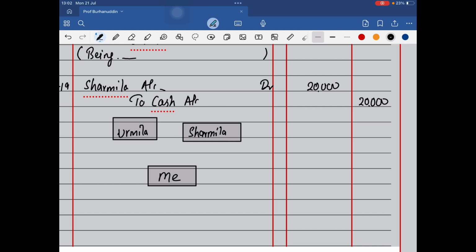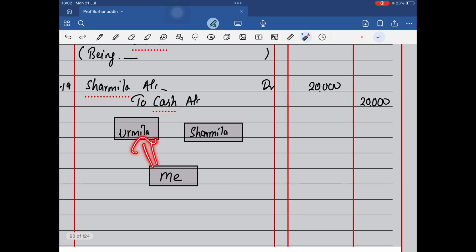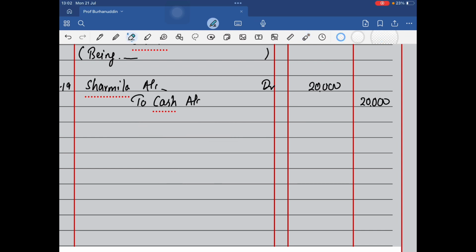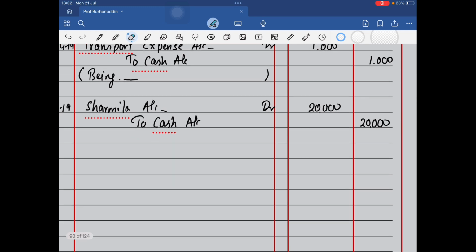So in this also, this Urmila is just a medium that she is going to deliver the amount to Sharmila. So even though you have paid to Urmila, it was on behalf of Sharmila. So you'll write Sharmila. Correct? It's a little trickier, but I hope you understood this. If still not, just comment down. I'll definitely come back and we'll solve it out. Okay, Sharmila.